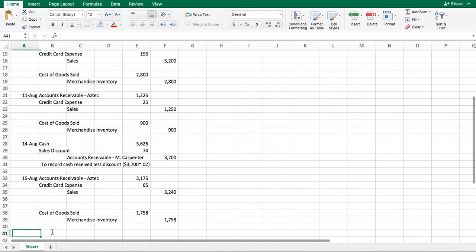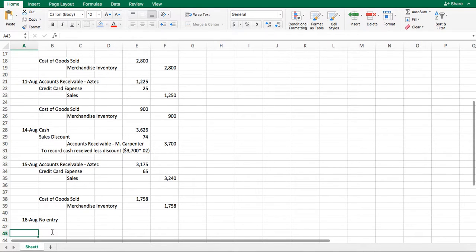Okay, moving right along, the next transaction happens on August 18th, and on August 18th, we submitted Aztec card receipts accumulated since August 11th to the credit card company for payment. We didn't receive payment. We've already recorded accounts receivable, so there's actually no entry here, nothing that we need to do at this point. And then on August 22nd, we wrote off the account of Craw Company against the allowance for doubtful accounts.